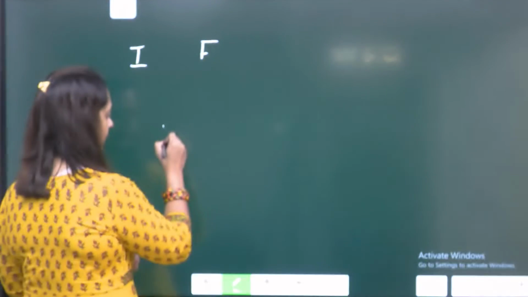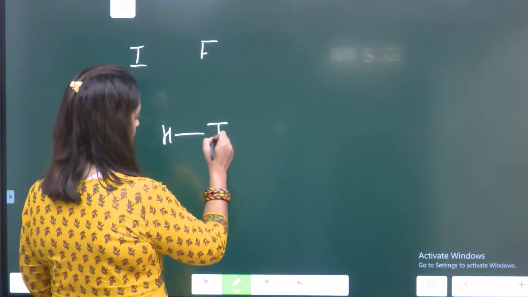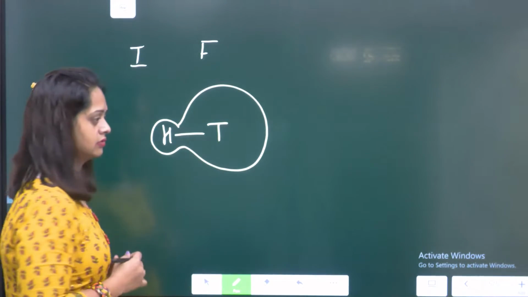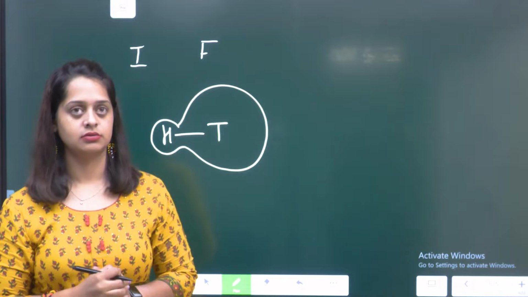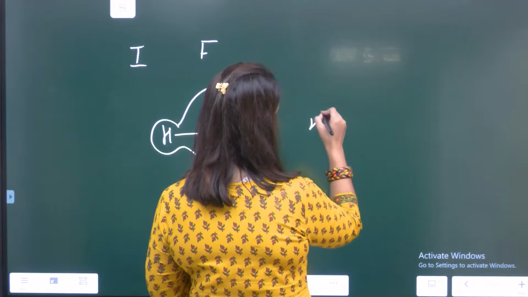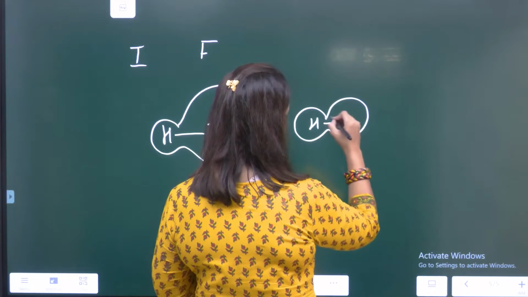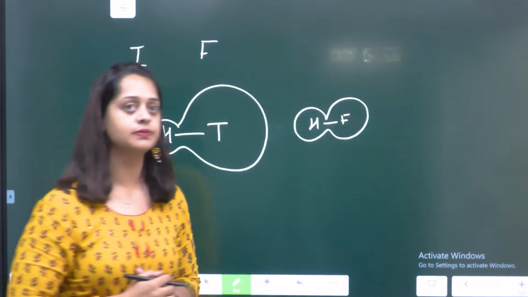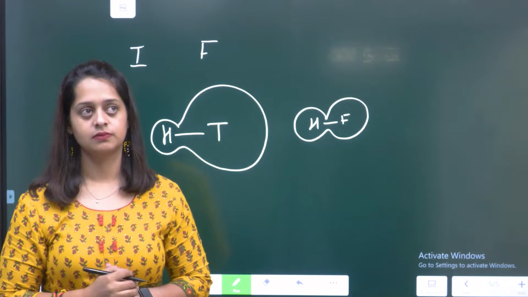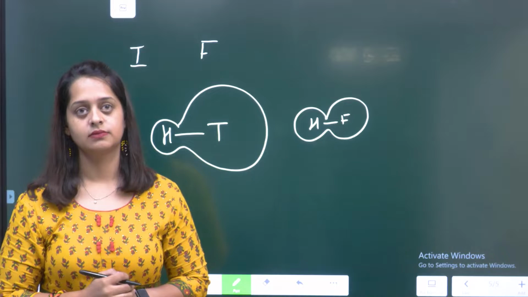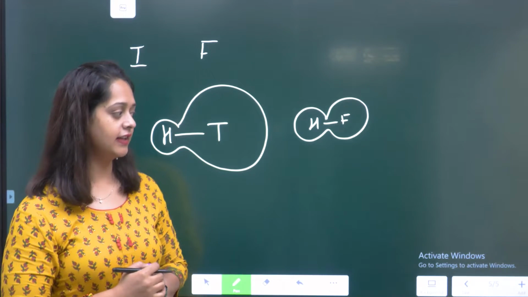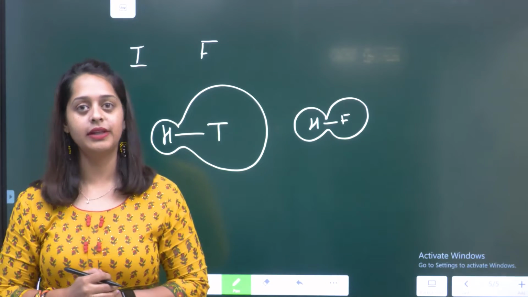So let's say if I have HI, that means you are saying it is distorted like this. And in the case of HF, you are saying it will be equally distributed. Are you saying that? That is what you meant?